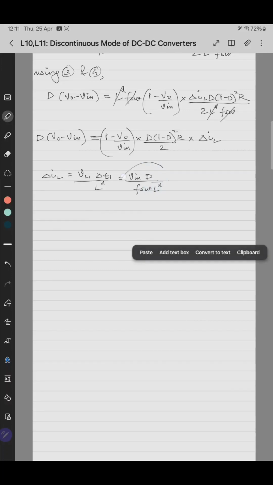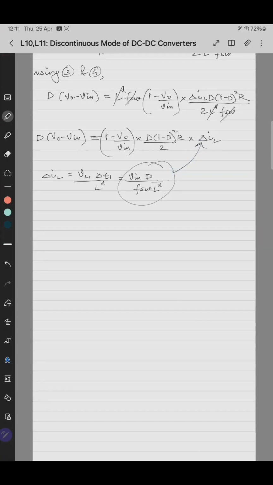So this we substitute it here. So therefore what we will get: D into (V naught minus V in) is equals to (1 minus V naught by V in) into D into (1 minus D) whole square R by 2 into F delta I_L, that is V in D by F switching L_D.